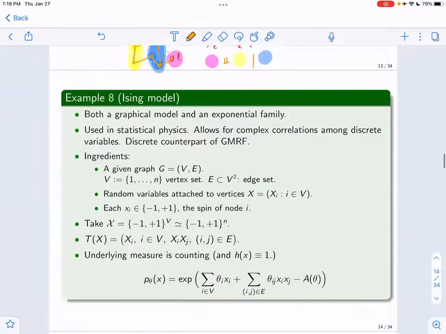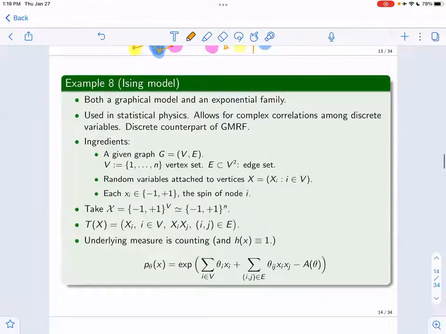So if I do that, what I would get is this model. Okay, not 0, 1. Let's say I'm doing -1 and 1, but it's the same. Suppose you're given a graph with vertex set V and edge set E. For simplicity take V to be 1 to N, or P to be consistent with the previous example.